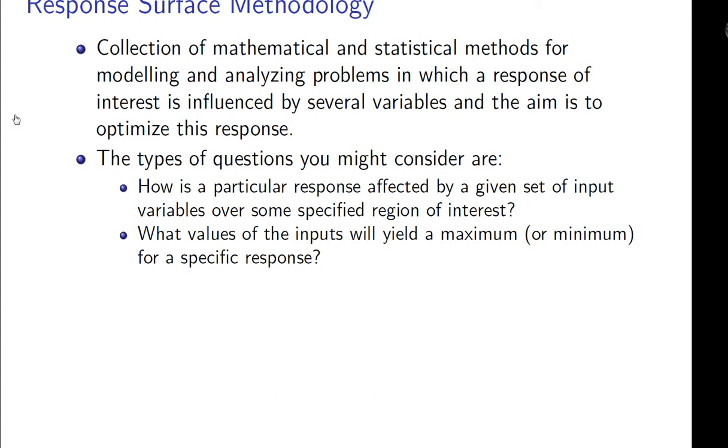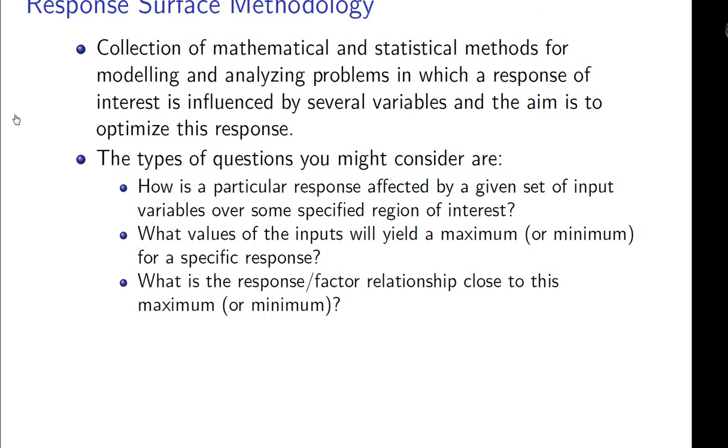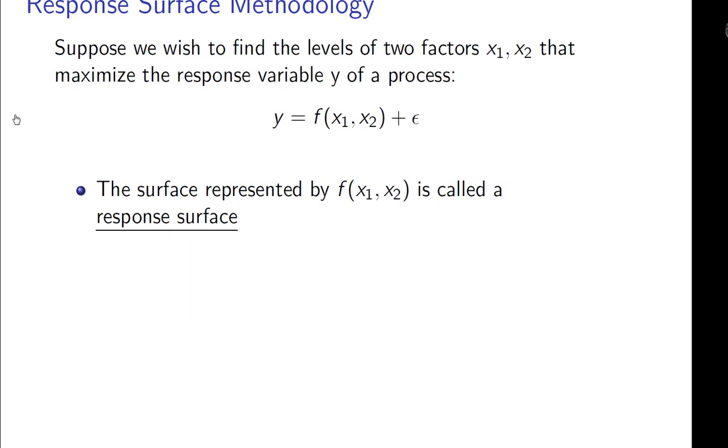What are the values of the factors for which you will get a maximum response or a minimum response? What's the relationship between the factors and a response close to this maximum or minimum? Again, is it sensitive? But let's begin to look at some of the background, and then in part 3 of this lecture, you'll see 2 examples that we'll walk through.